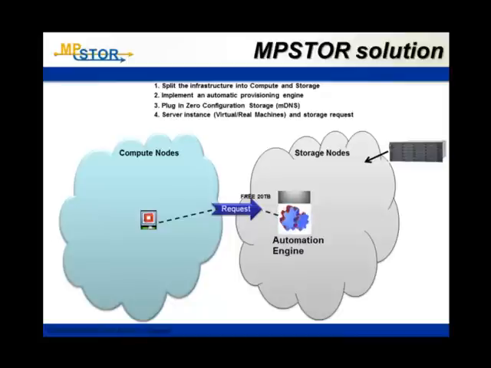So this isn't an administrator pushing out a volume. It's the compute nodes requesting storage. That storage is then provisioned and returned back to the compute node, and when it's returned, the compute node knows where to access it, how to access it, and what credentials it needs to access it. That storage could be provisioned over iSCSI, over Fibre Channel SAN, over SAS SAN, over InfiniBand, whatever back-end storage SAN that you have.